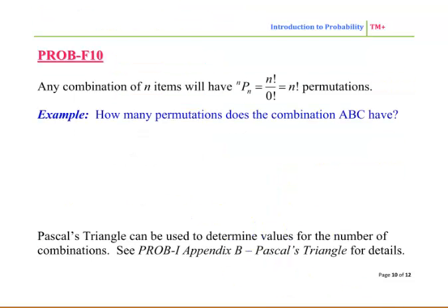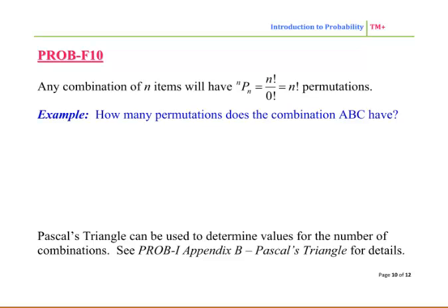Next, any combination of n items will have nPn, which equals n factorial over 0 factorial, which equals n factorial permutations. Okay, a bit confusing. What this is saying is, how many permutations does a combination ABC have?